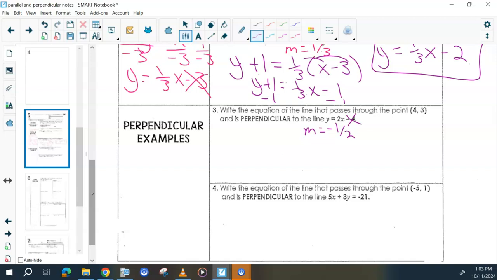Okay. Now that we've done this, then we can do this process. Y minus 3 equals negative 1/2 times x minus 4. And distribute and solve.